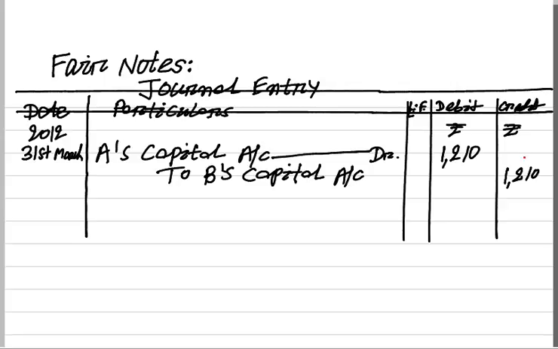Being adjustment journal entry passed for omission of interest on capital and drawings.